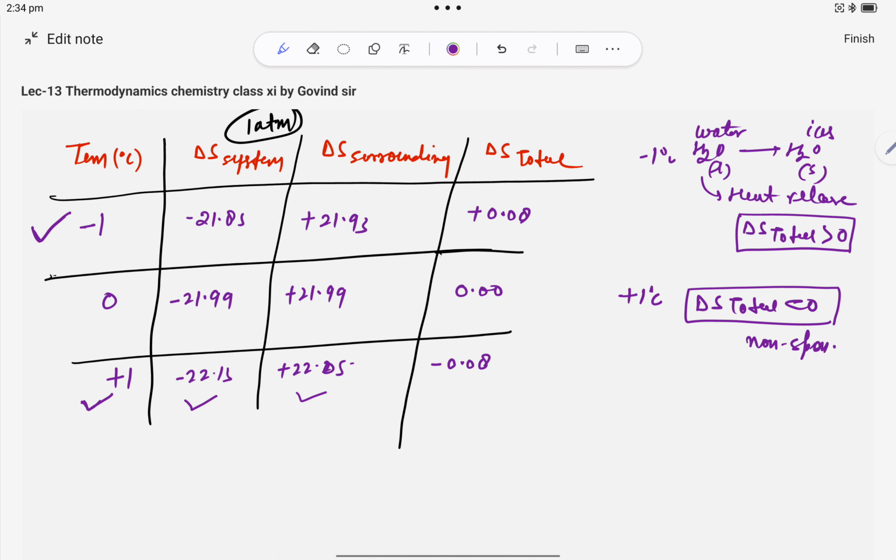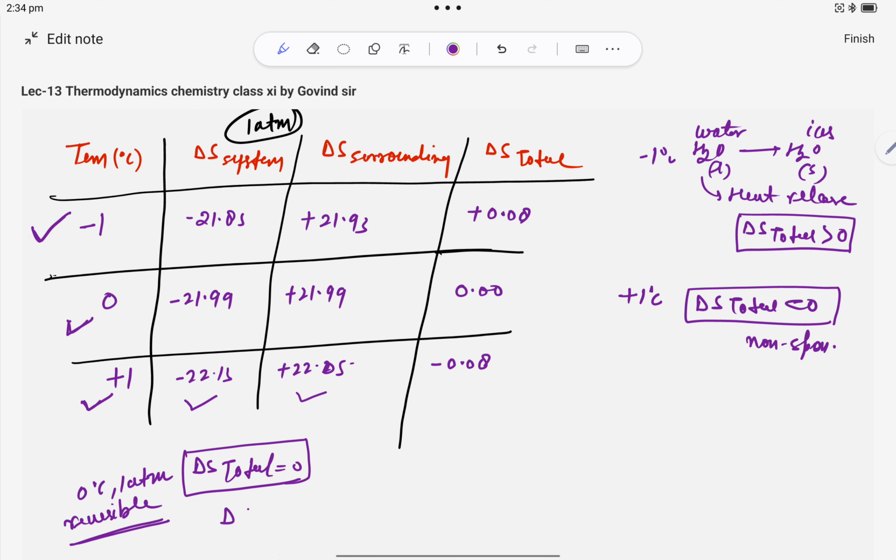But in the case of this 0, delta S total will be 0 at equilibrium. At 0 degrees Celsius and 1 atm pressure, that is a reversible process.